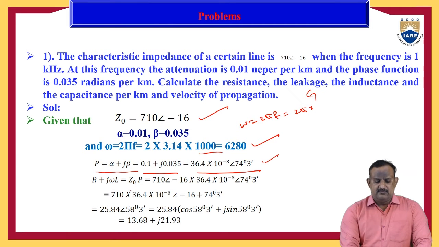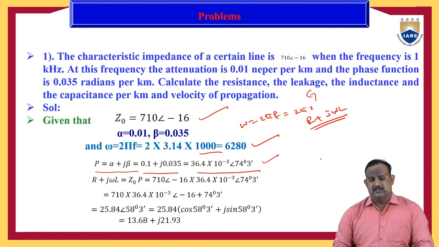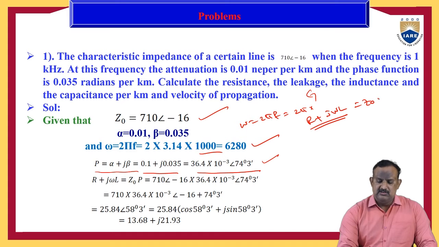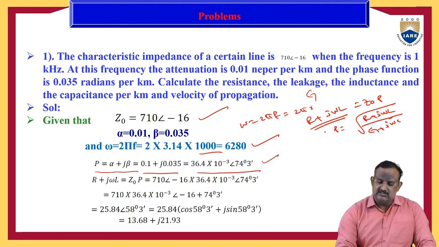Then we know that R plus j omega L is the combination of the resistance and omega L, and R plus j omega L equals Z0 into P. We know that the propagation constant P equals root of (R plus j omega L) into (G plus j omega C), and Z0, the characteristic impedance, equals root of (R plus j omega L) by (G plus j omega C).